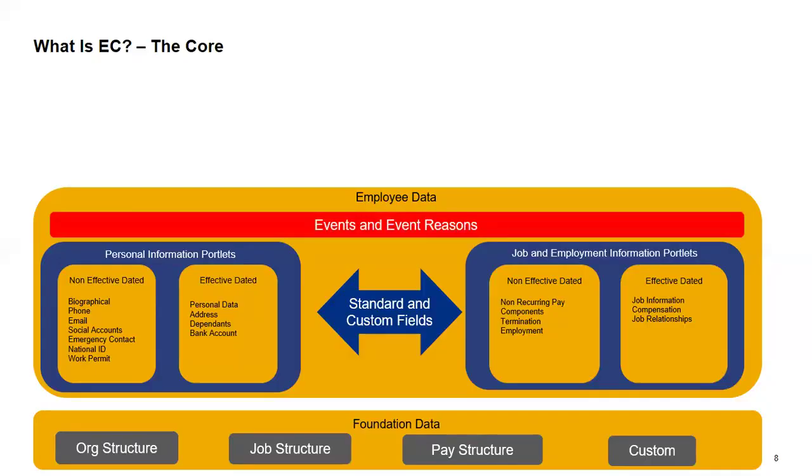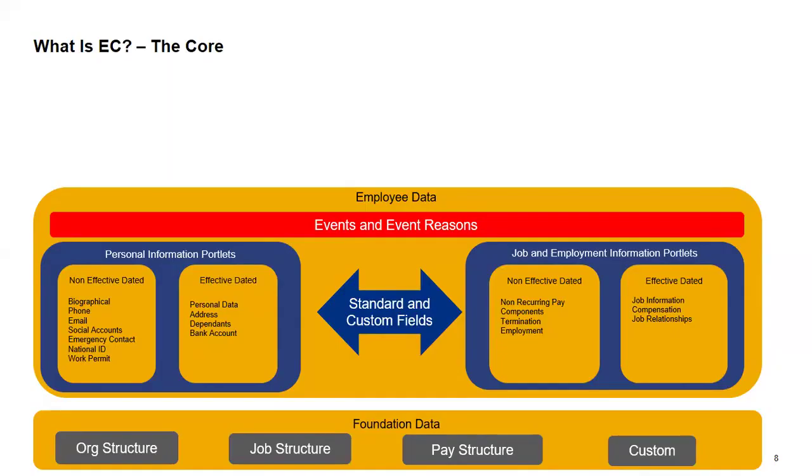And every record that you maintain in job information, you need to have an event and an event reason. If you're changing location, the event is transfer and location transfer is the event reason. If you're changing grade, it can be either demotion or promotion.